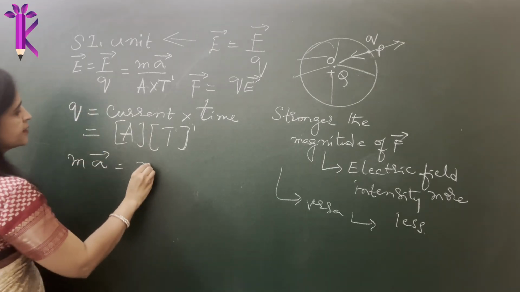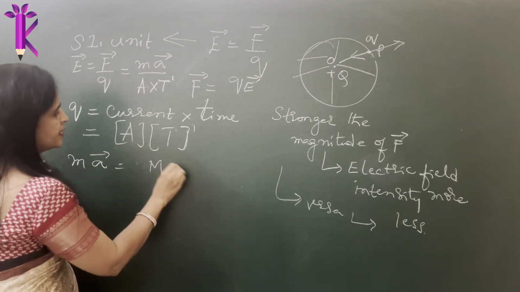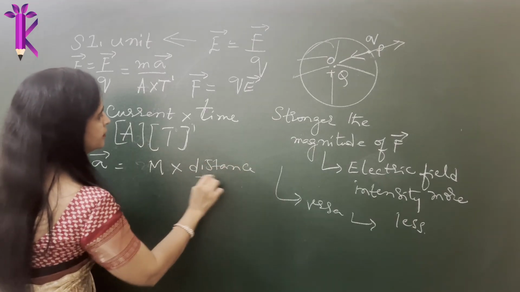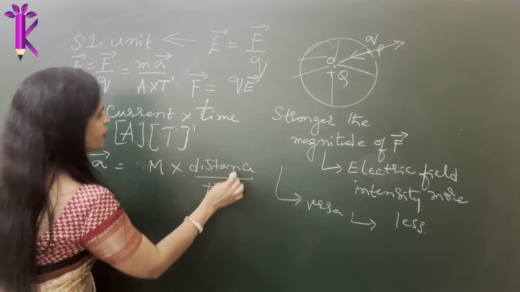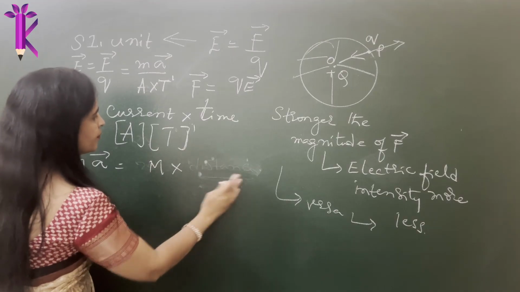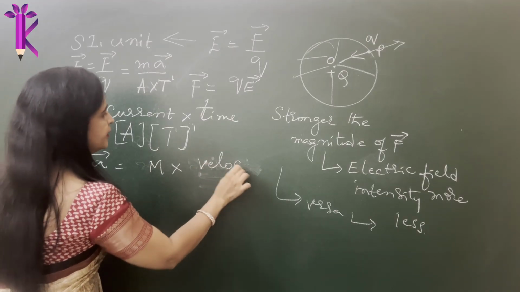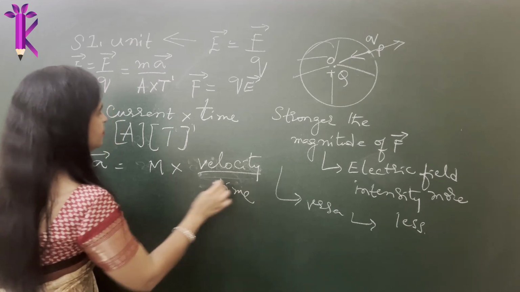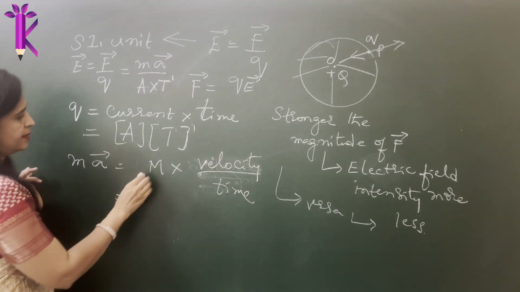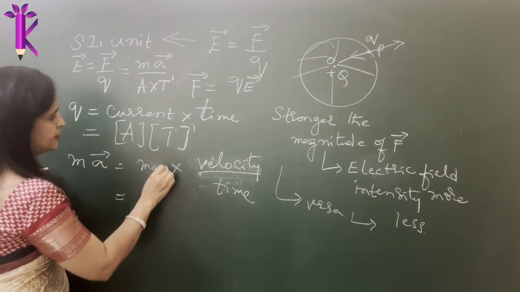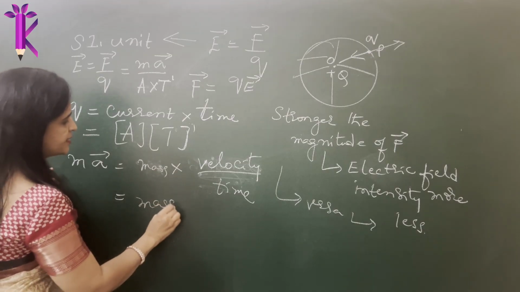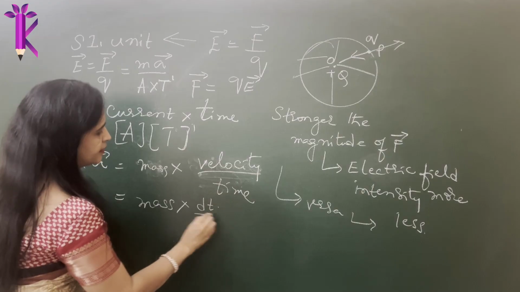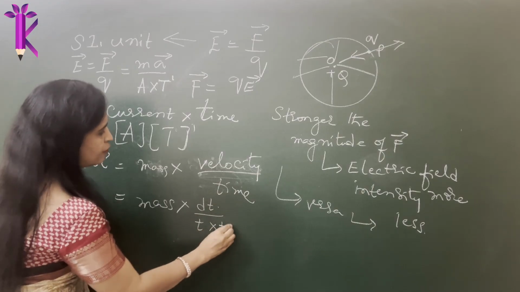Now, how do you measure acceleration? Mass is m, acceleration is distance by time square, or velocity by time, right? Acceleration is change in velocity by time. So I will leave mass as such unless I figure this out. Velocity is again distance divided by time. You already have one more time.